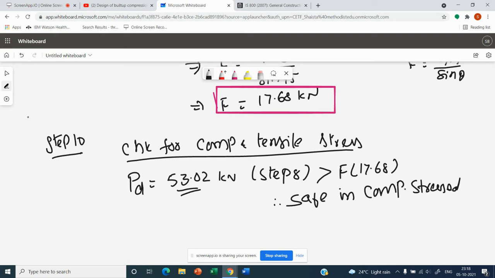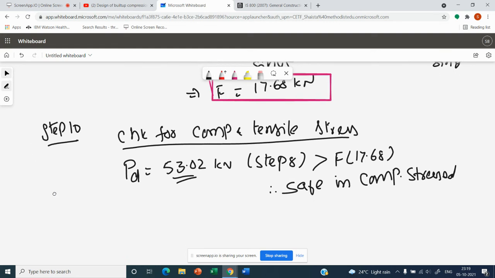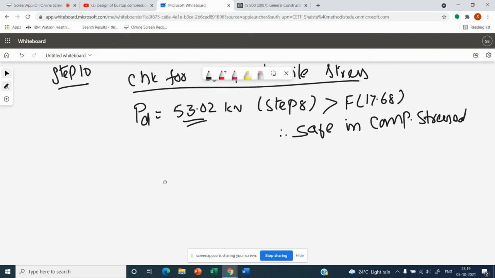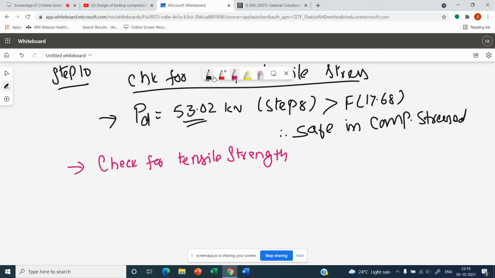Now we have to see the safety with respect to tensile stresses. Okay. So this is with respect to compressive stress completed. Now with respect to tensile stress. Check for tensile strength. So how do you get tensile strength?